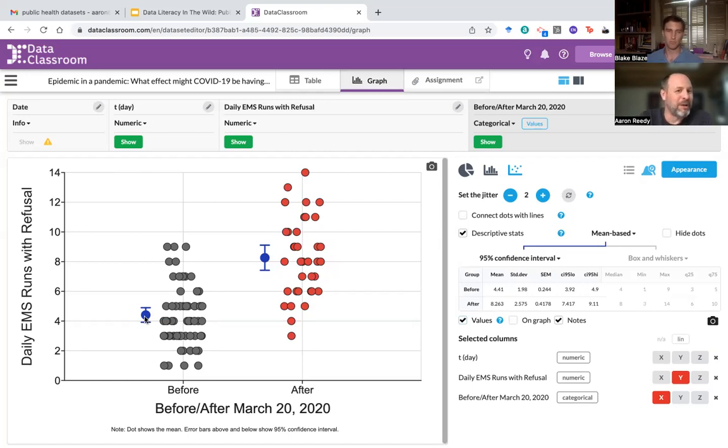So another way you could describe these is saying that the mean value for suspected drug overdoses in the after group was basically double what it was in the before group. Yeah, I think important too is how you really require both of the graphs to tell the story, right? Because you need to explain away the impact that change in time may have had on the overdoses.